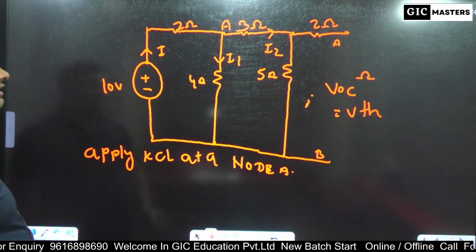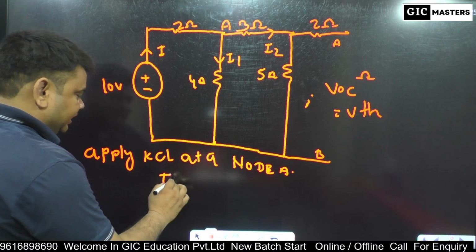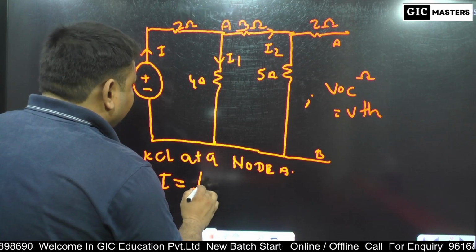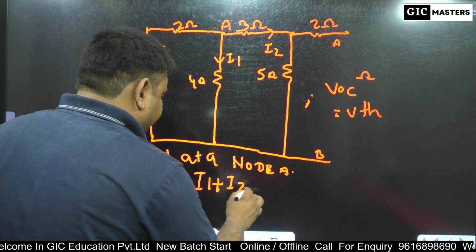When we apply KCL at node A, then I equals I1 plus I2.